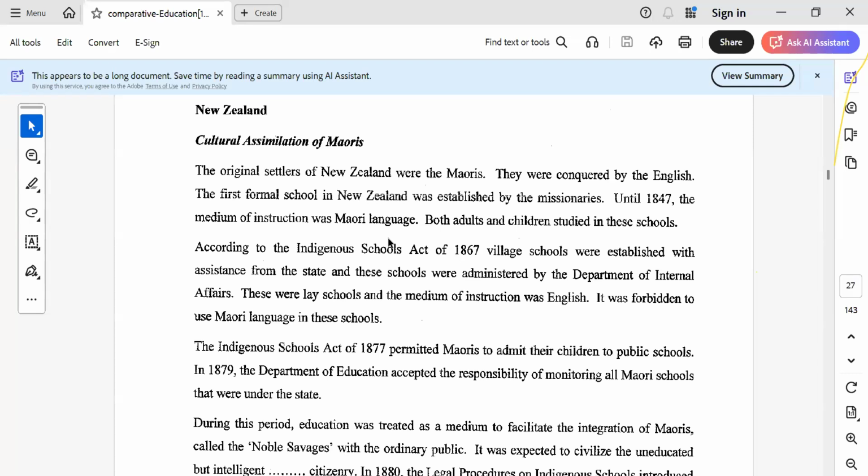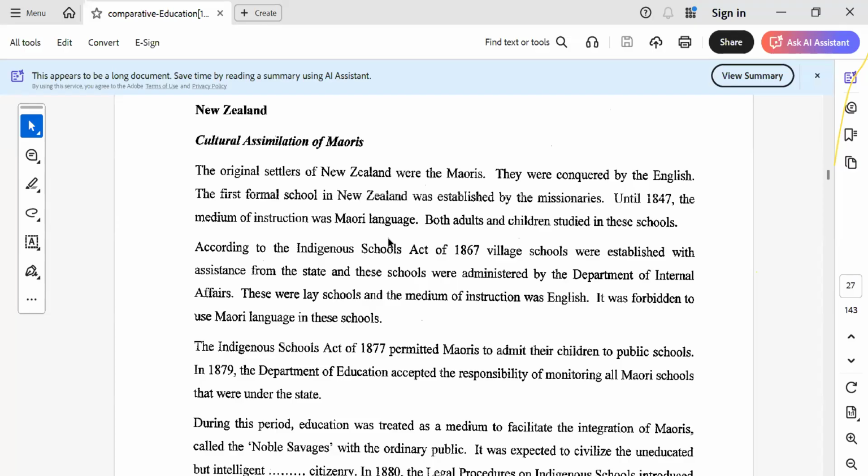According to the Indigenous School Act in 1867, village schools were established with assistance from the state, and these schools were administered by the Department of Internal Affairs. So these were lay schools and the medium of instruction was English. It was forbidden to use the Maori language in these schools. So they also had a separate indigenous school, Maori language school, right?